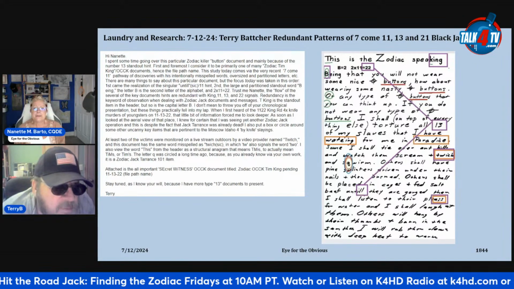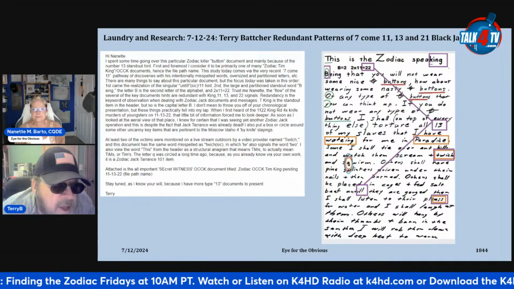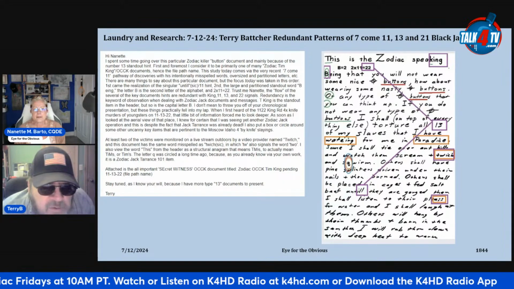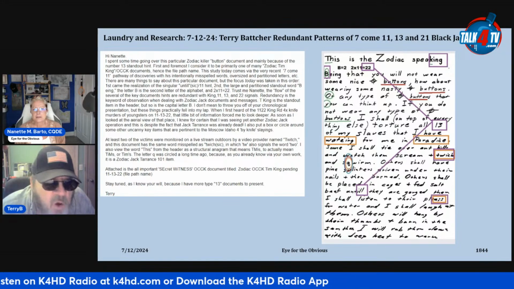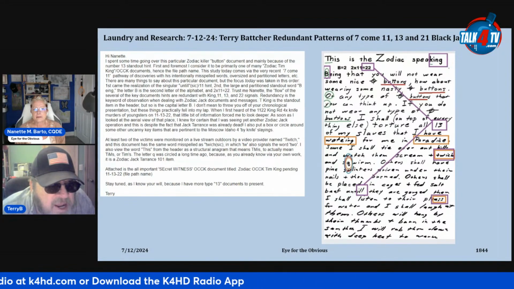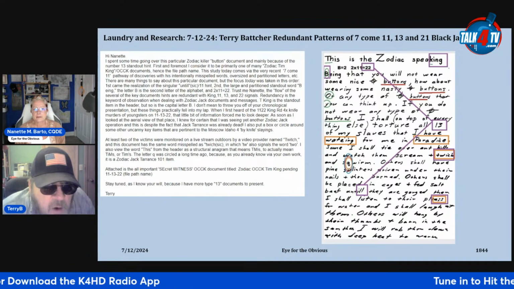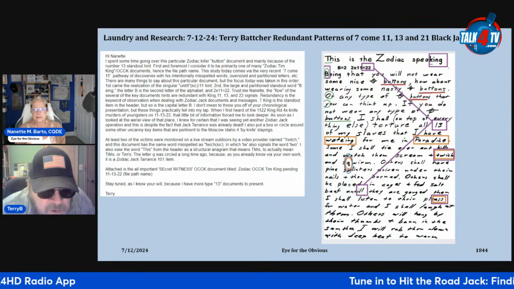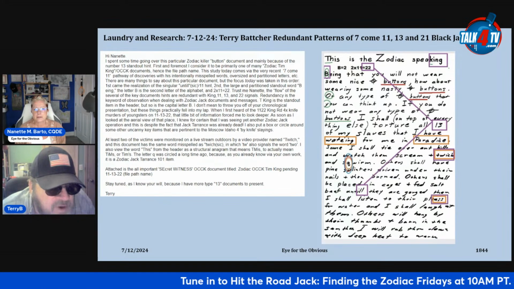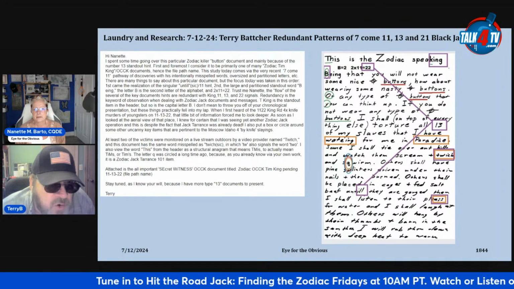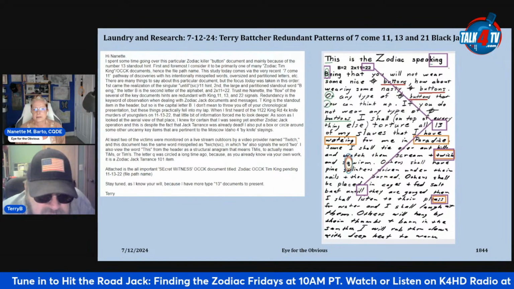It's hard for me to read, it's a little small. The letter B is the second letter of the alphabet, so 2 times 11 is 22. Trust me in that the flow of several key document hints are redundant with King, 11, 13, and 22 signals. Redundancy is the key word of observation when dealing with Zodiac Jack documents and messages.